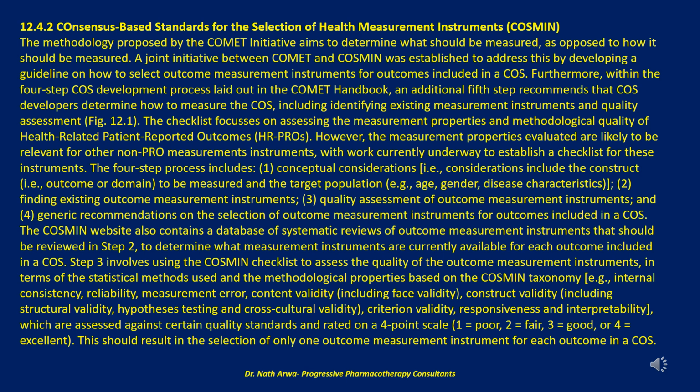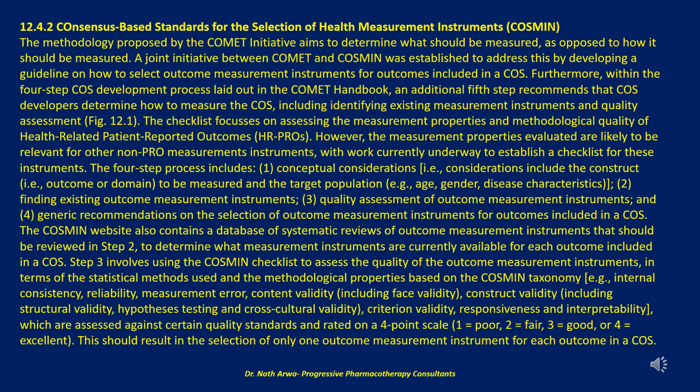The checklist focuses on assessing the measurement properties and methodological quality of health-related patient-reported outcomes, abbreviated as HR-PROs. However, the measurement properties evaluated are likely to be relevant for other non-PRO measurement instruments, with work currently underway to establish a checklist for these instruments. The 4-step process includes 1.